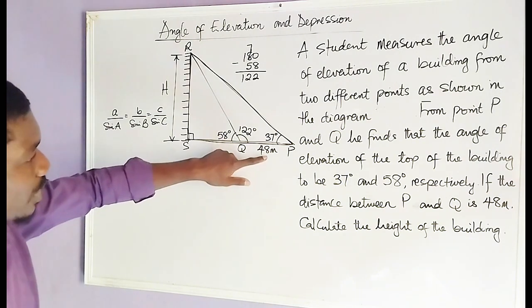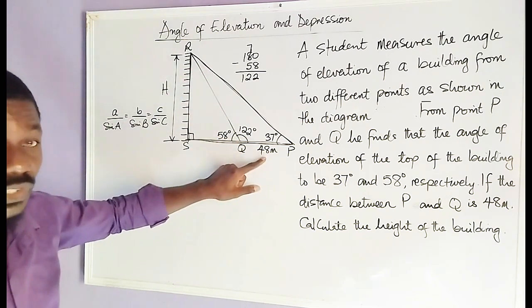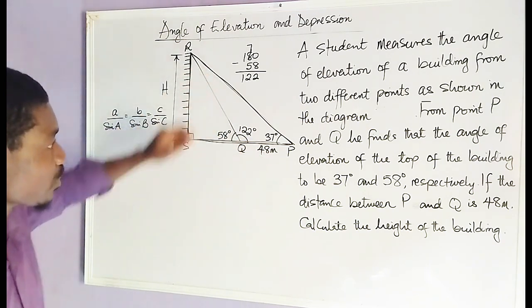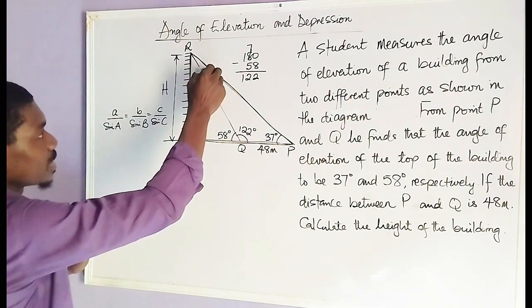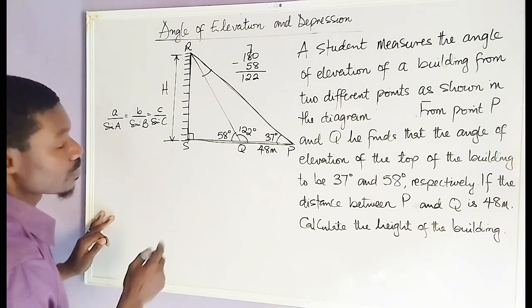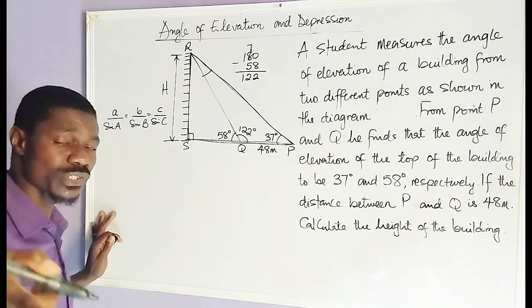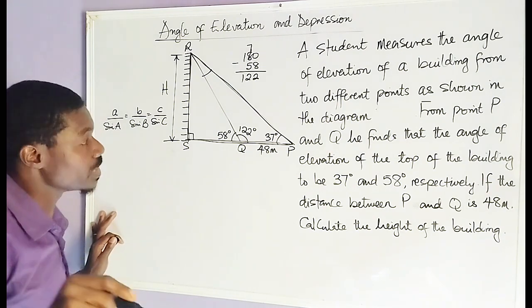But before we do that, we don't know the angle that corresponds to 45, so we need to find that angle. Also recall that the sum of angles in a triangle equals 180 degrees.